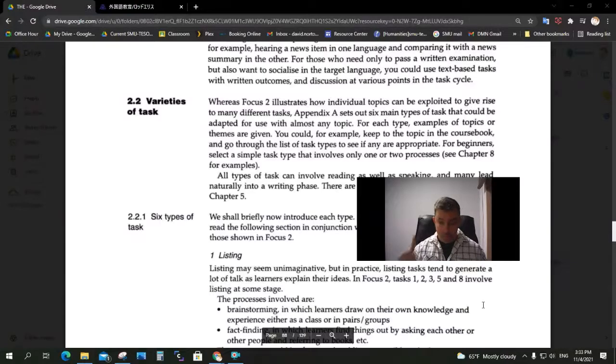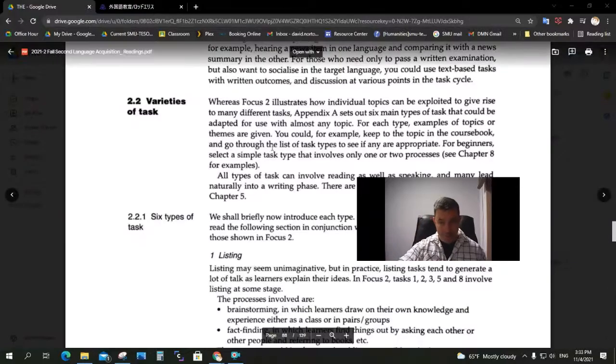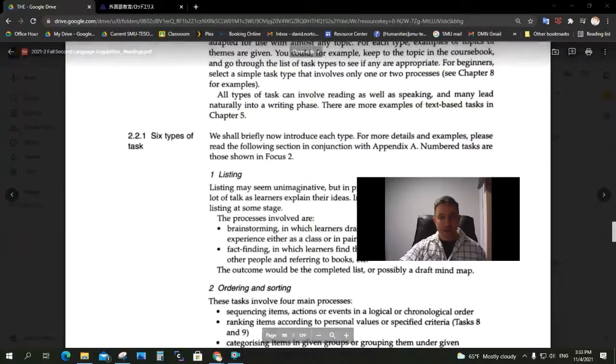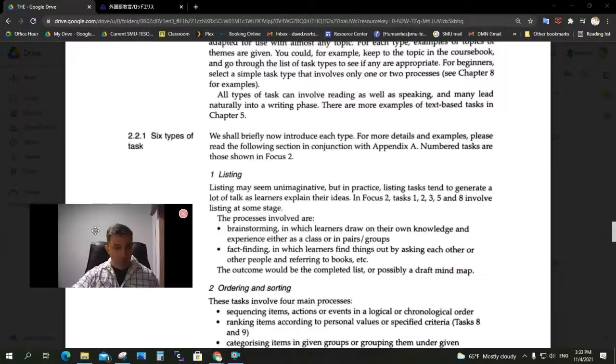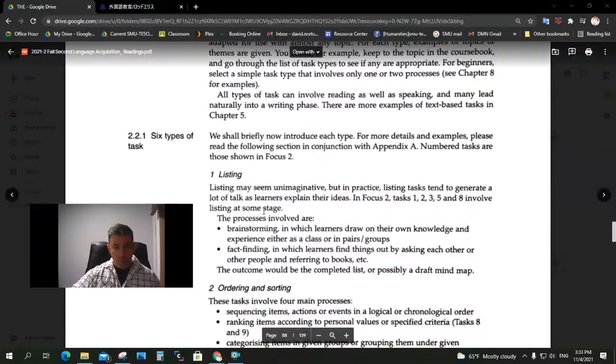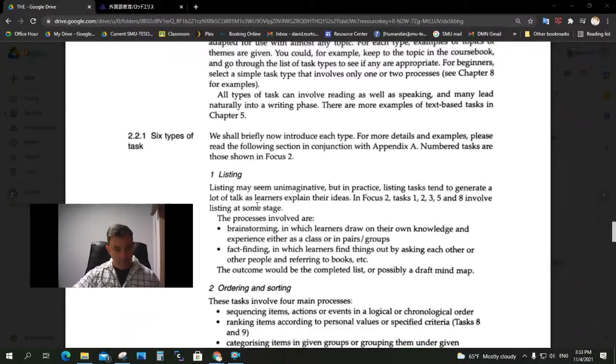Actually, let's do one more thing. I promised you one more thing, and that is, let's go through these task types. I'm going to talk about the task types, and I'm going to suggest some outcomes. All right, so number 1, listing is a task type that was included in your reading.